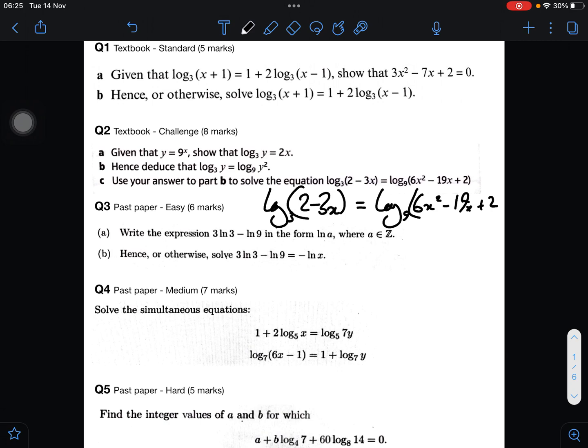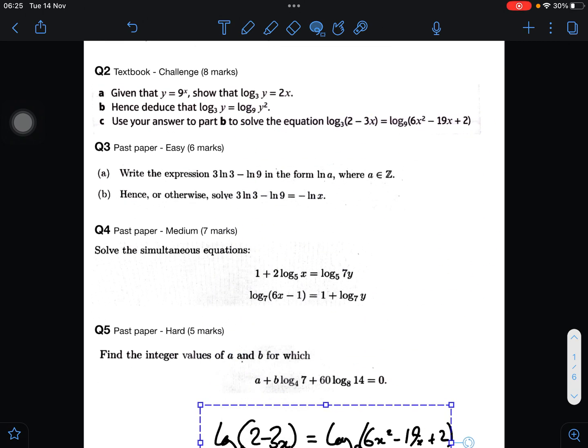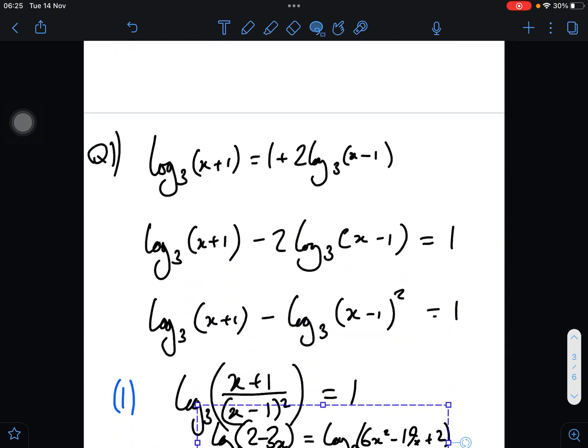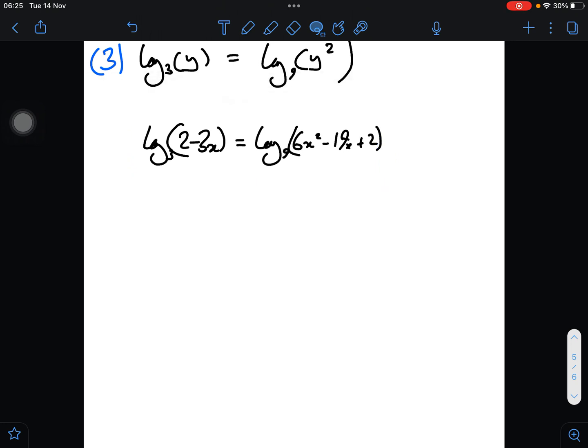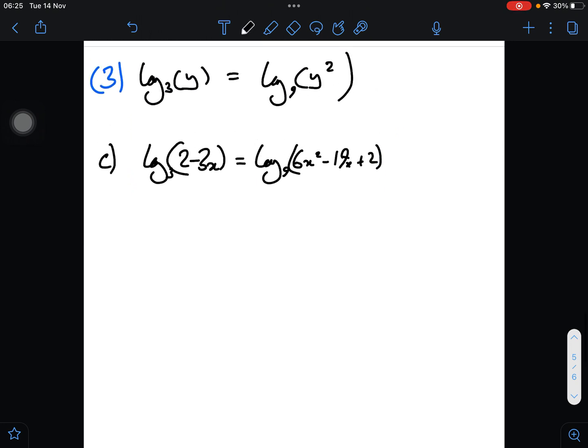My first thoughts were maybe 6x squared minus 19x plus 2 is just 2 minus 3x squared, but it's not. So that means that we're going to use part B. Let's say that my y is 2 minus 3x, and I'm going to use this rule on the left-hand side.